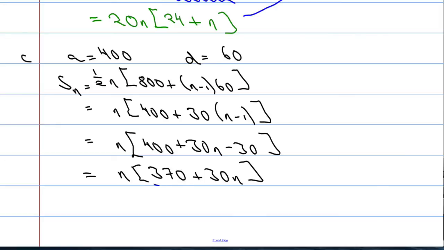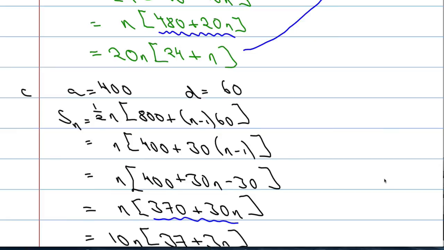Again, look for a common factor here. The highest common factor I can think of is 10. So I'm going to factor out 10, so we get 10n times 37 plus 3n. Okay, I think that's the best I can do with the sum of the series.